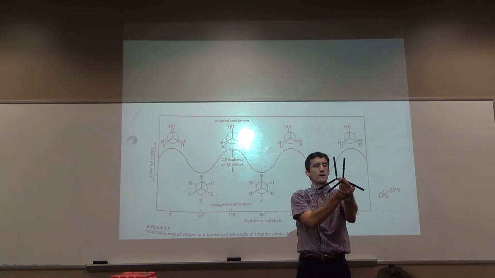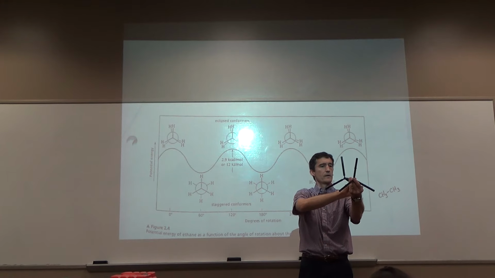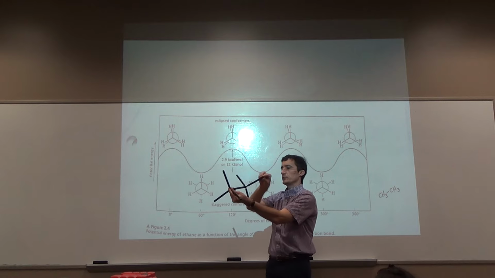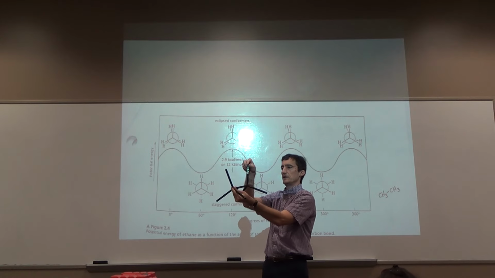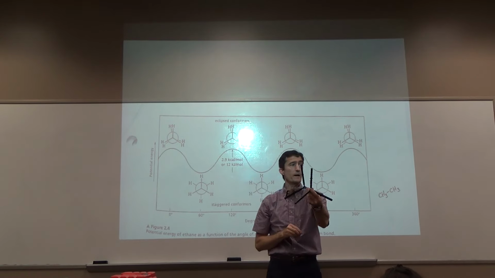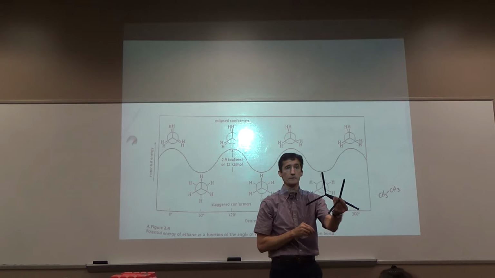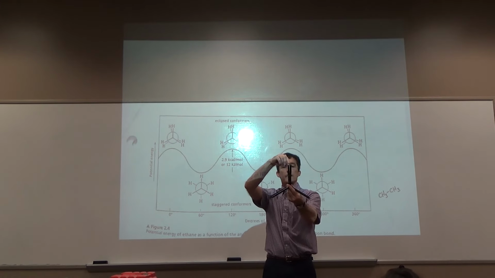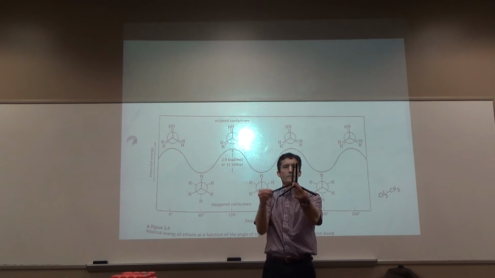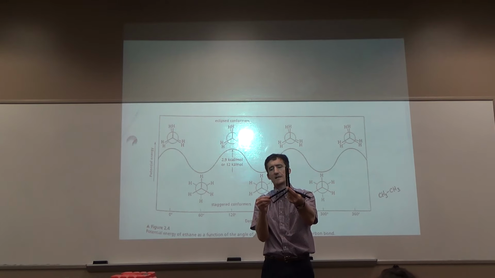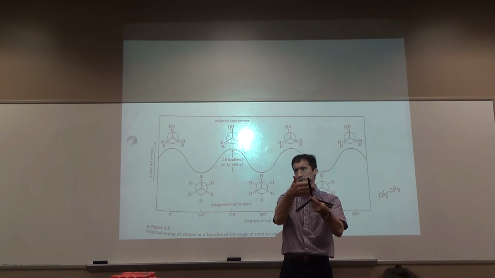Now we get back eclipsed, and then we get back staggered, and then rotate the final 60 degrees. We get back to eclipsed. Let me ask you, is this eclipse any different from this eclipse? It's actually not, because these are all H's. Okay?